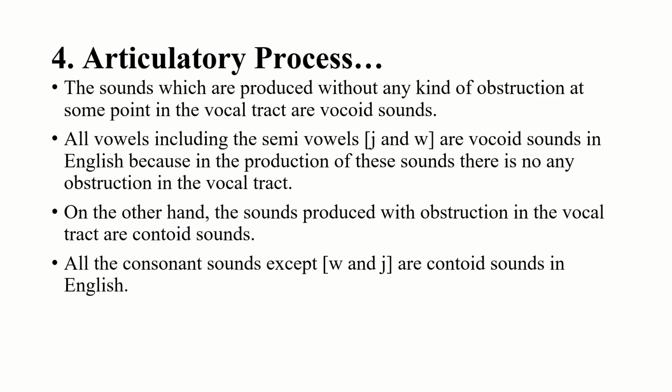On the other hand, those sounds which are produced with obstruction in the vocal tract are called contoid sounds. In English, all consonants except ya, wa are contoid sounds. So all vowels and ya, wa consonants are vocoid. All consonants except ya, wa are contoid.